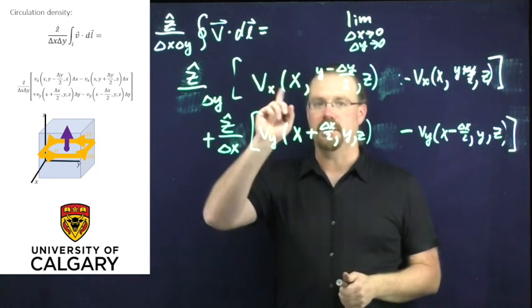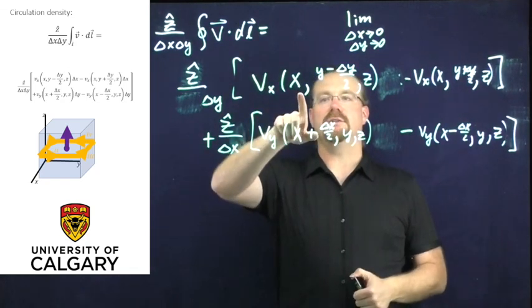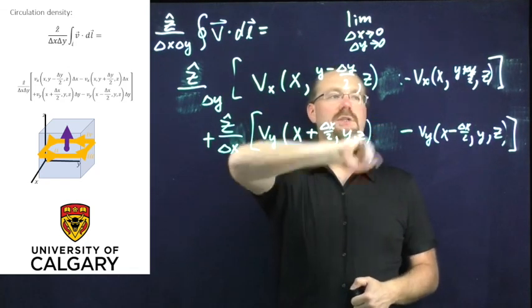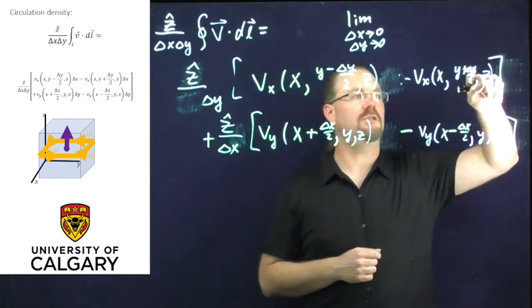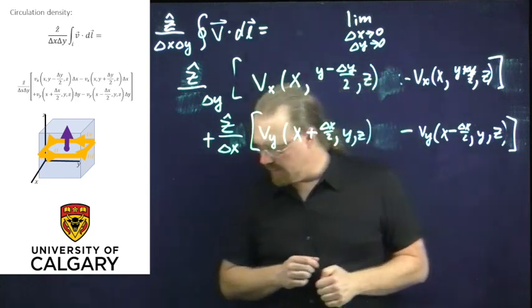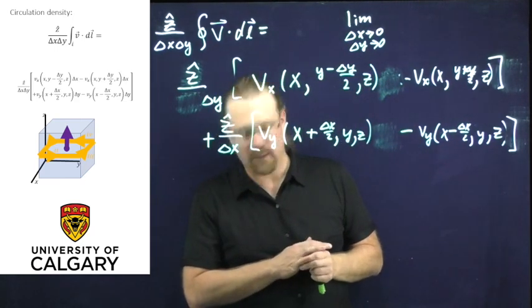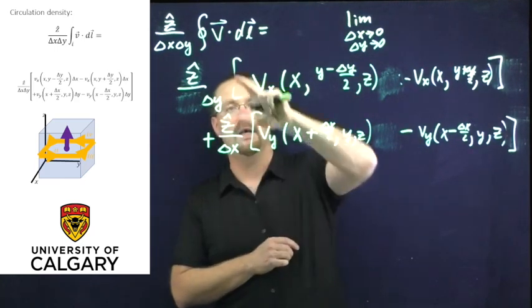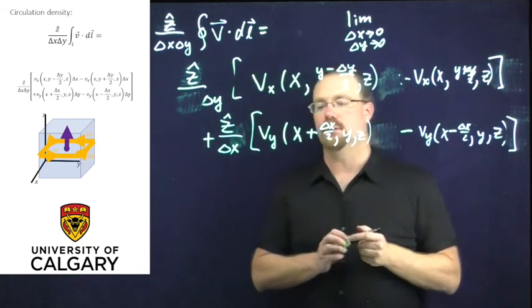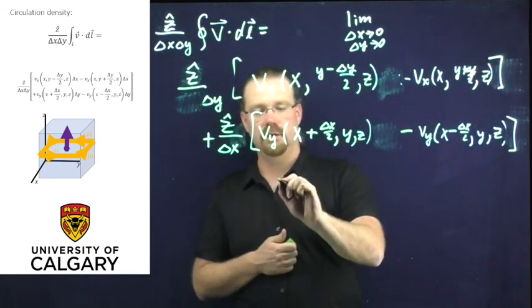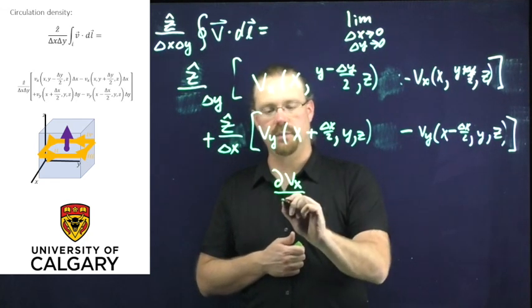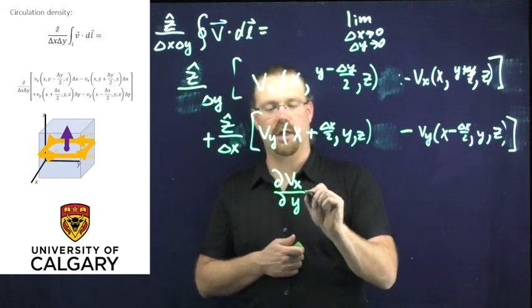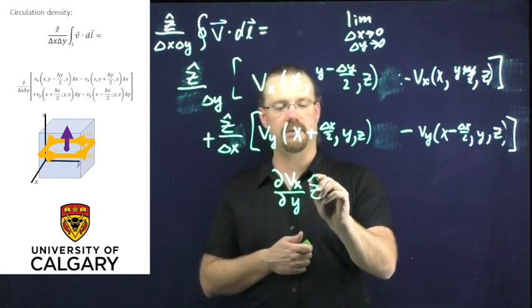And of course, the limit of V of x, y minus delta y over 2, z hat, minus V of x, y plus delta y over 2, z hat, over delta y, the limit as delta y goes to 0 winds up being the derivative of the x component with respect to y, pointing in the z hat direction.